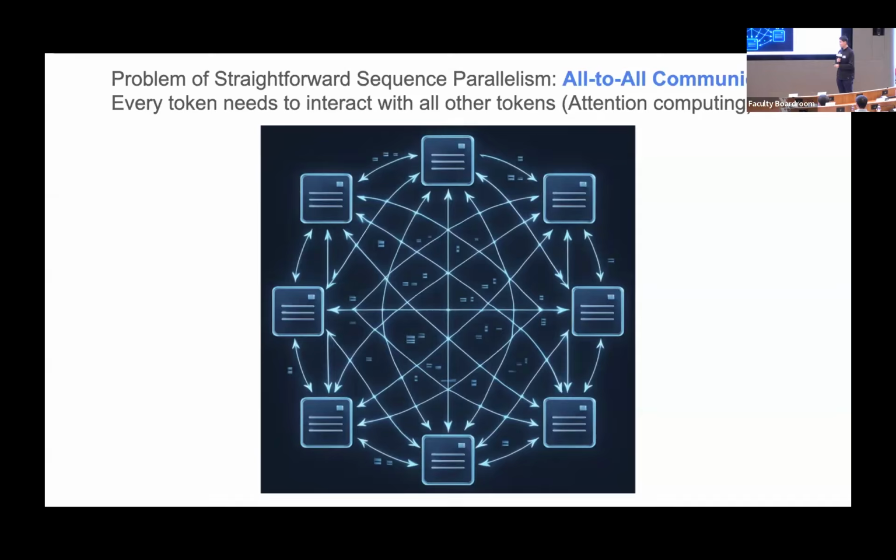Some tokens are on server one, some on server two, others on server N, or GPU one, GPU two, GPU three. All these different devices need to communicate, and that overhead is huge.